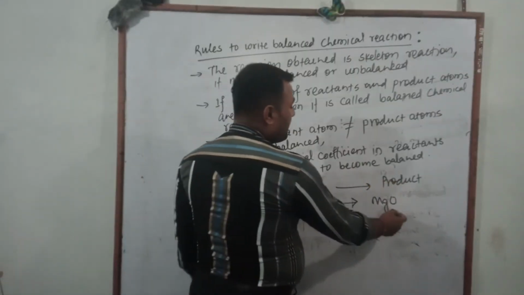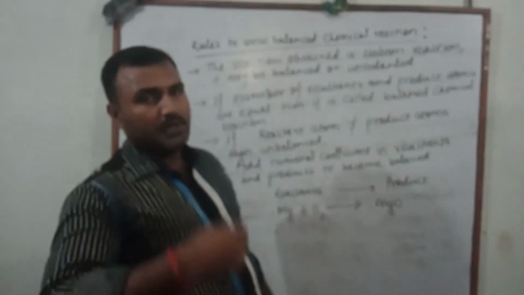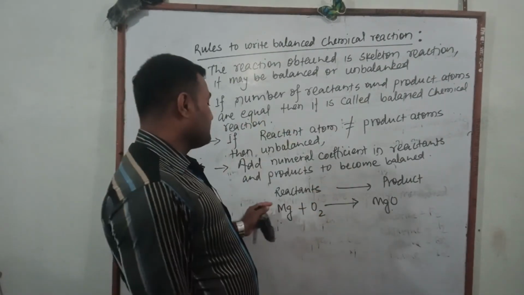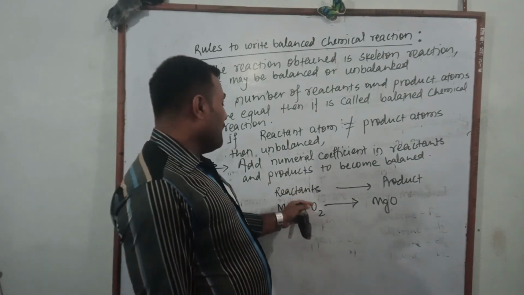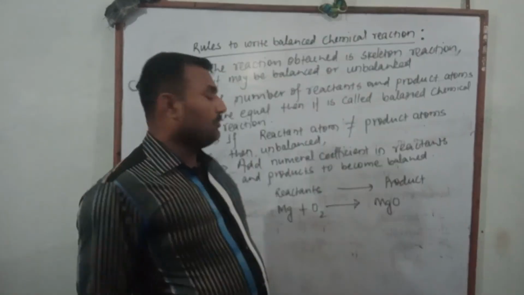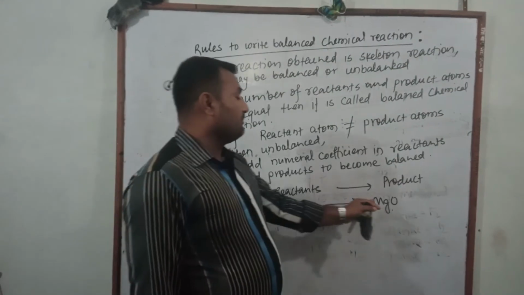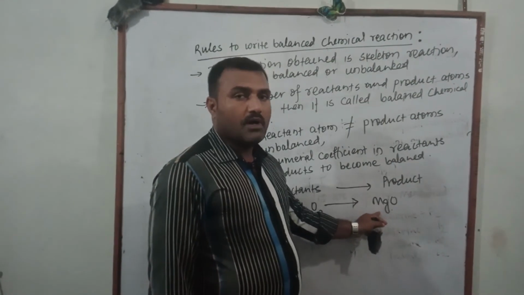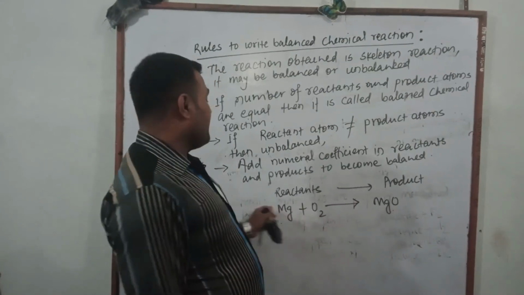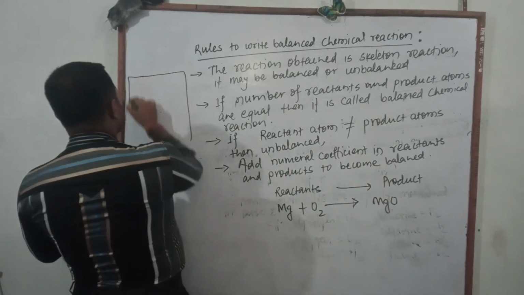On the product side we count the number of atoms, and on the reactant side we count the number of atoms. If both sides become equal, then it is called balanced. Let's see: the number of oxygen in the reactant is 2, in the product only 1. The number of magnesium in the reactant is 1, in the product 1. The magnesium number is the same and oxygen is different, and therefore we should focus on that while balancing a chemical equation.